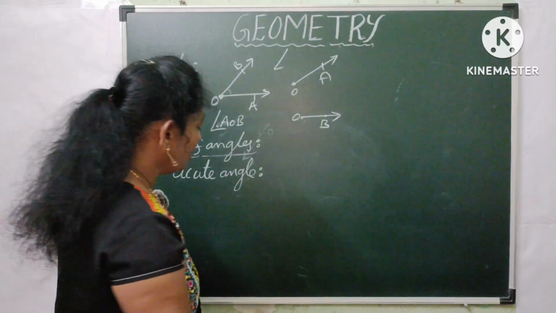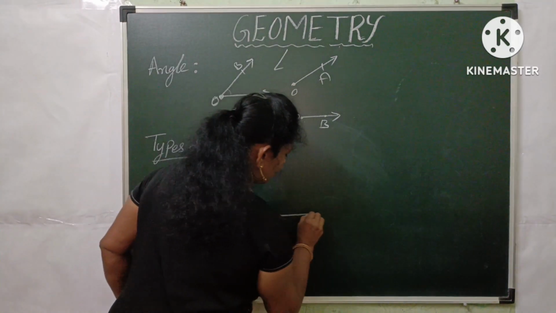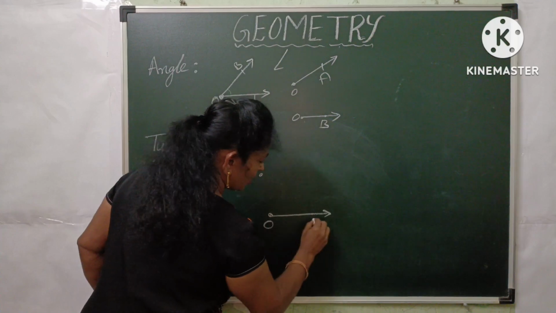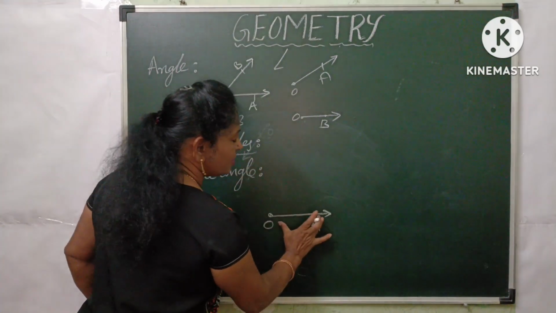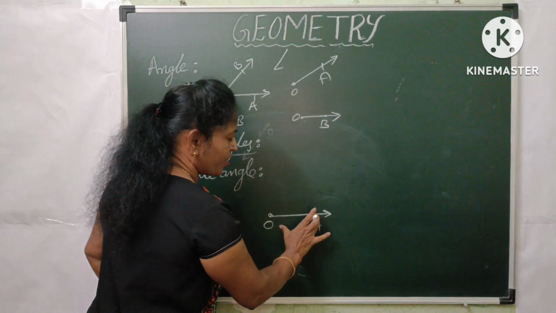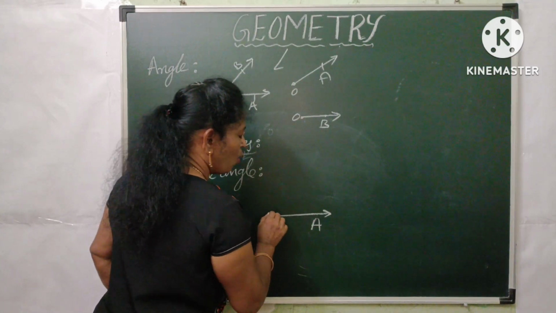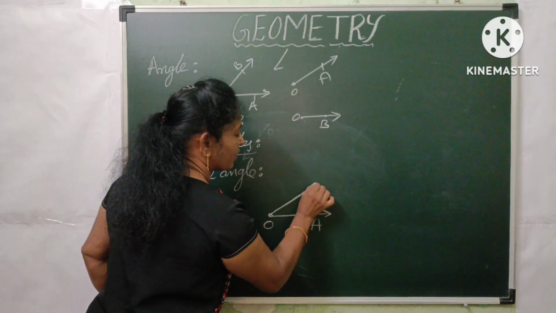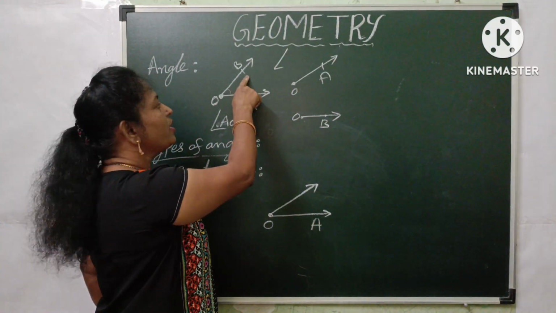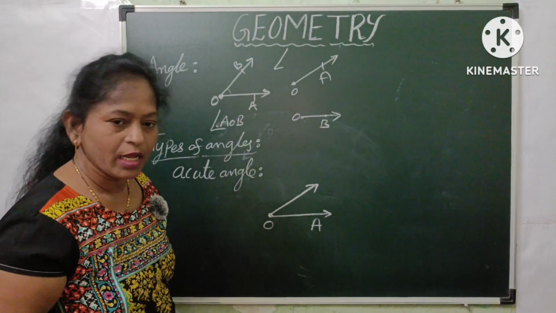For example, see, this is OA. It is the initial position, the fixed ray. OA is the fixed ray and OB is the terminal ray. Here OA is the initial ray, OB is the terminal ray or rotating ray.